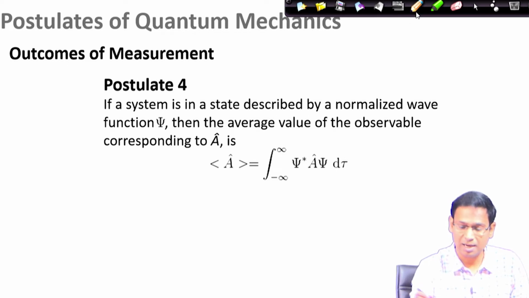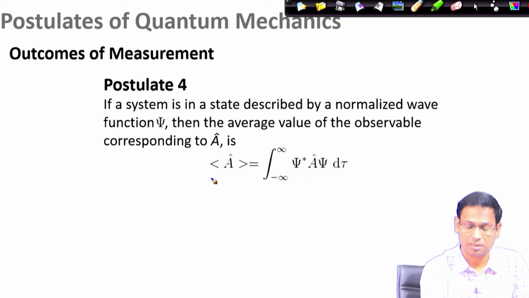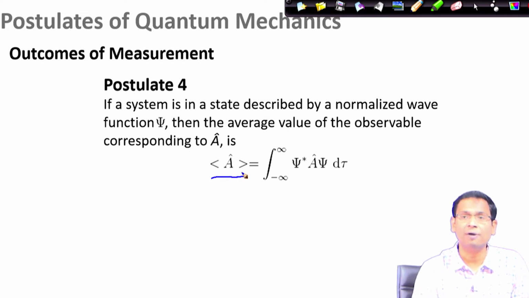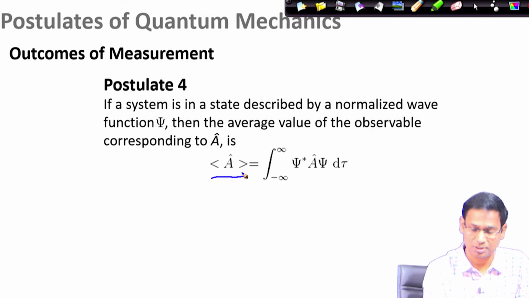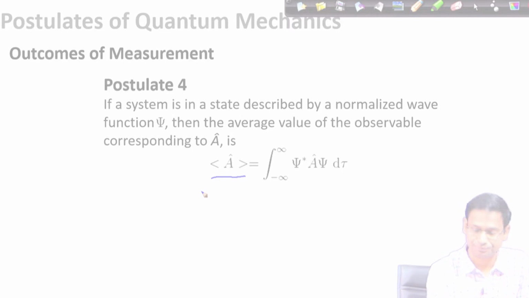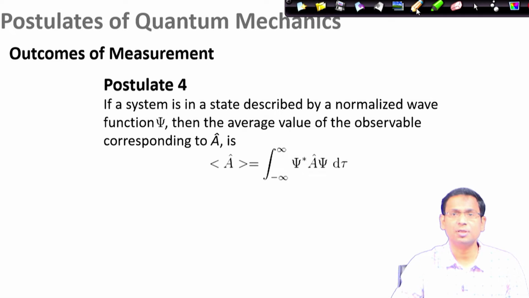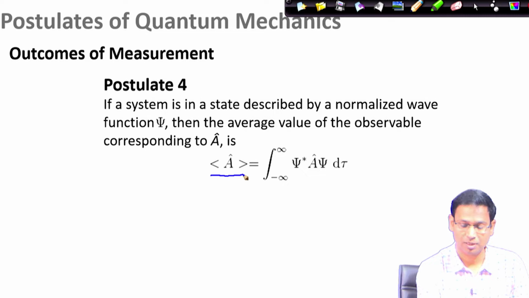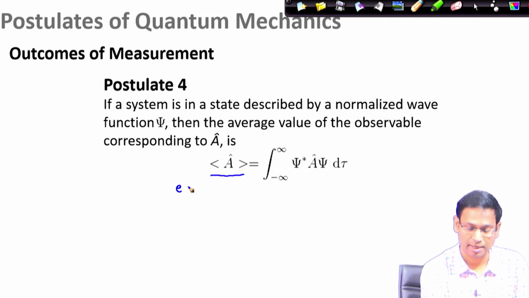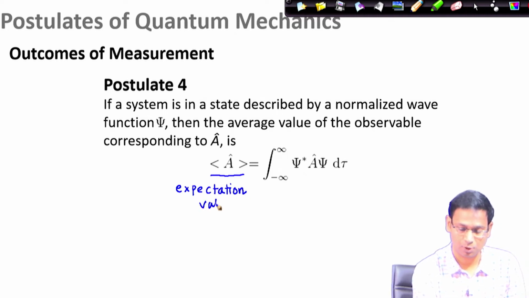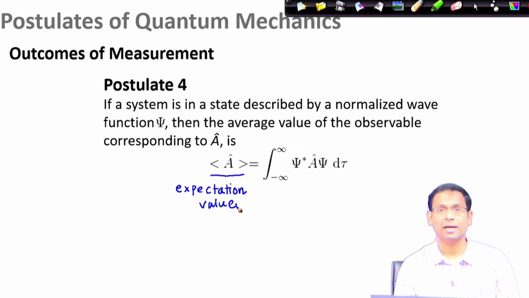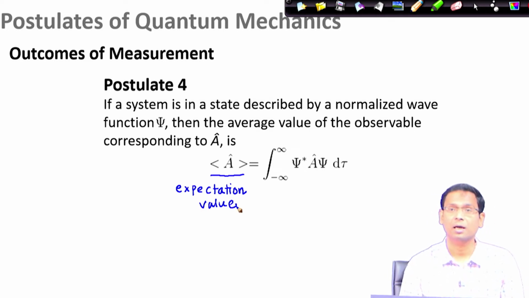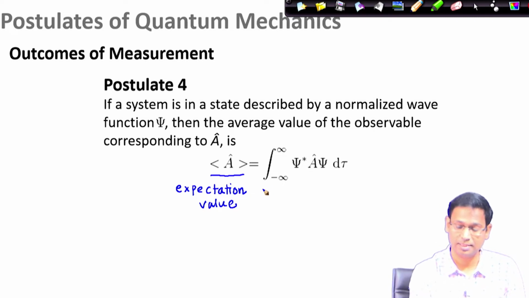The left hand side is the way we denote the average value, also called the expectation value. The right hand side shows how we can determine or obtain this expectation value.